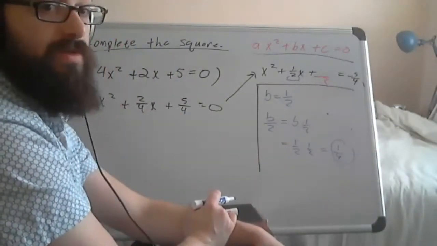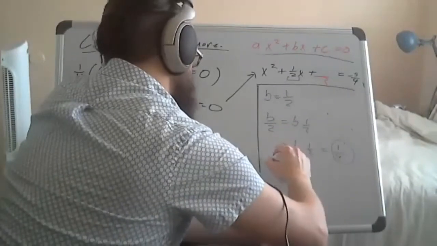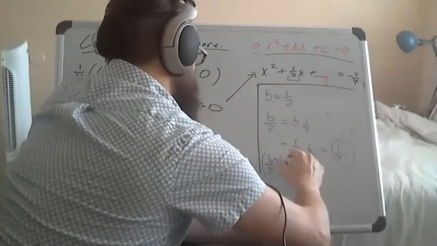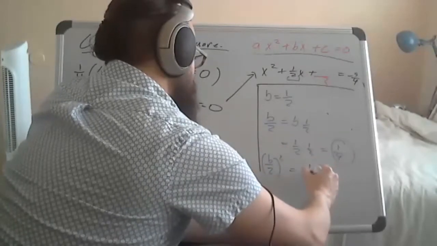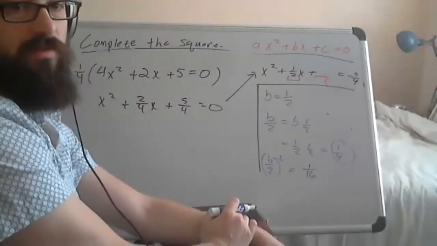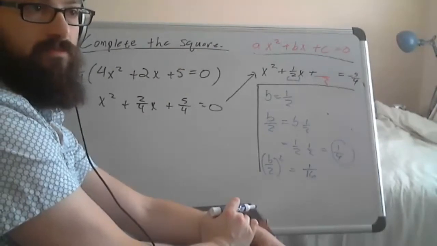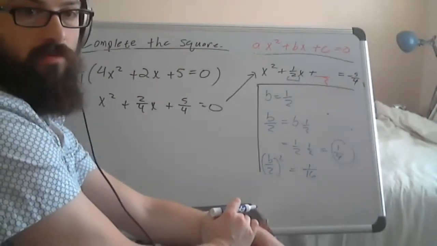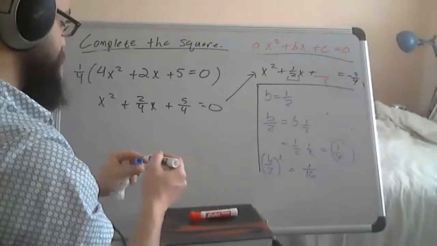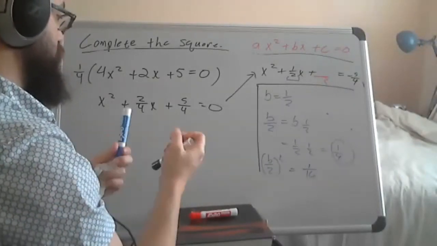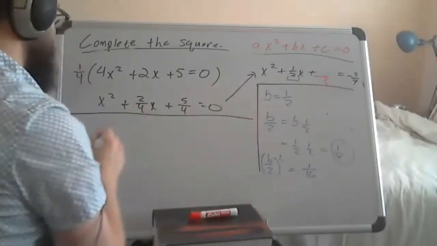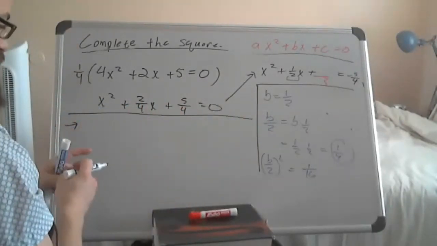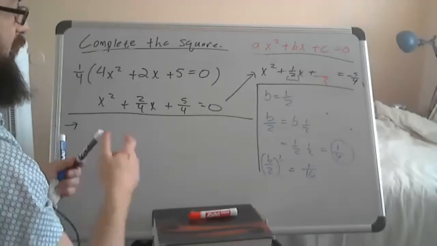And we'll want to come back to this 1/4 in just a moment. But for now, we're going to square b over 2. So b over 2 is 1/4. If we square that, we get 1/4 times 1/4, which is 1/16. Okay. So back to here. Here's what we have.